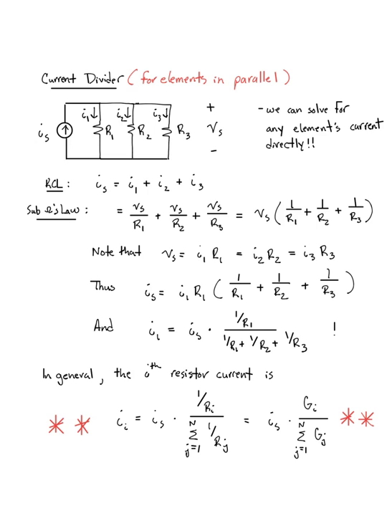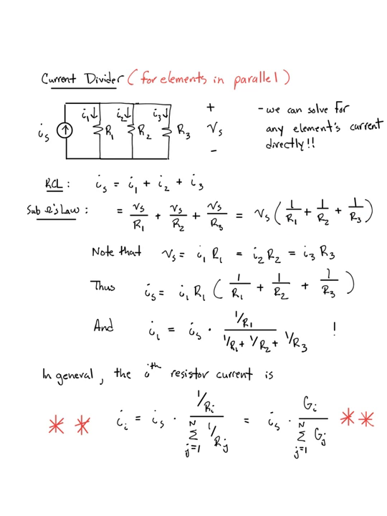So for example, if these 3 resistors in parallel are driven by this current source, Is is split into 3 other currents, I1, I2, and I3, which sum to equal the source, given by our KCL expression. So when we take this and then sub in our Ohm's law expressions, we end up with our KCL looking like Vs times the sum of the reciprocals of the resistance.